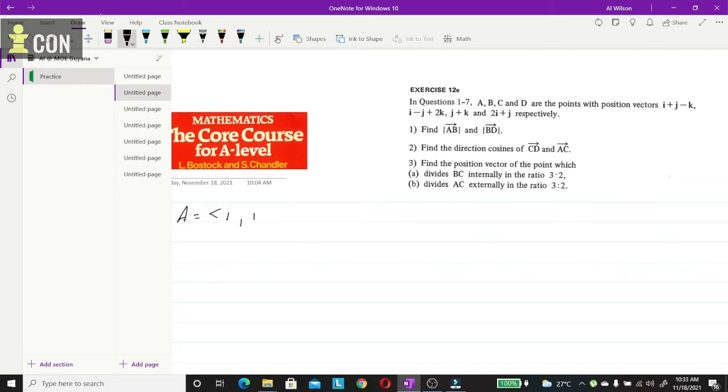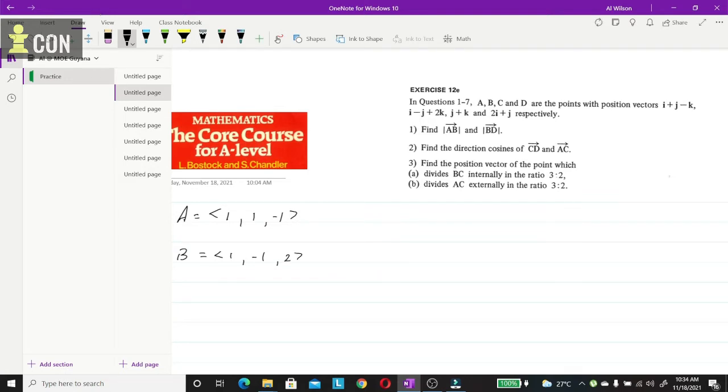So it's just j, that's also 1. And it's a minus k, so this is minus 1. And for B, what we have is i, so it's 1, minus j, minus 1, plus 2k, so this is going to be 2.